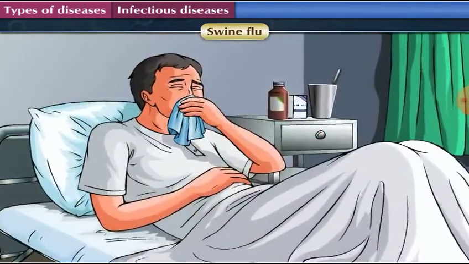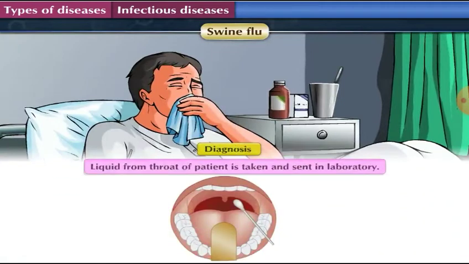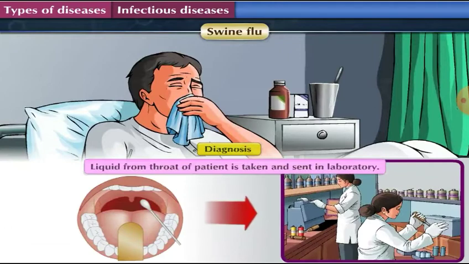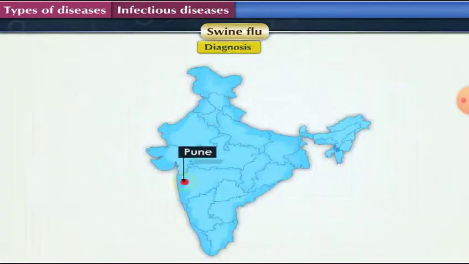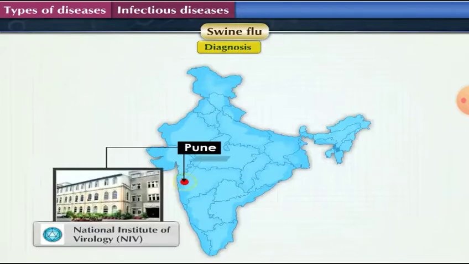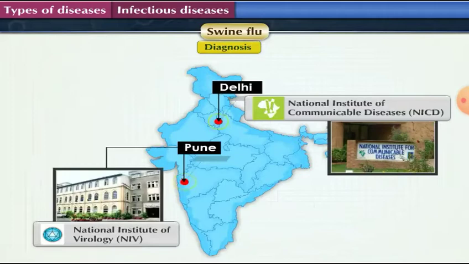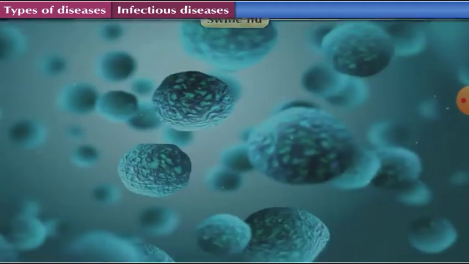For diagnosis of this disease, liquid from the throat of the patient is taken and sent to a laboratory. Diagnostic facilities for swine flu are available in the National Institute of Virology, that is NIV, Pune, and the National Institute of Communicable Diseases, that is NICD, Delhi.